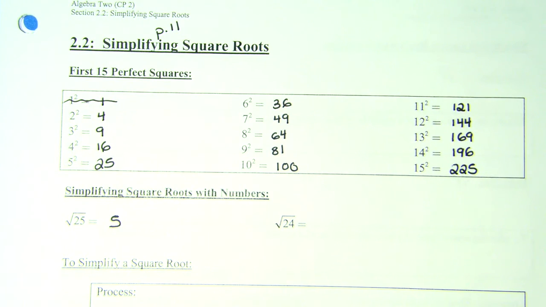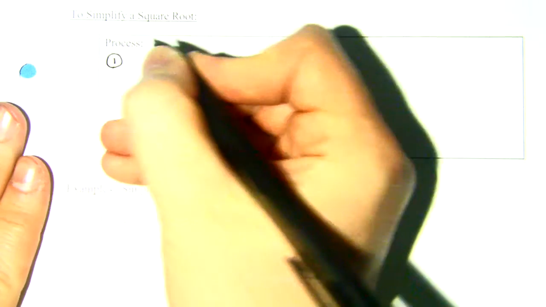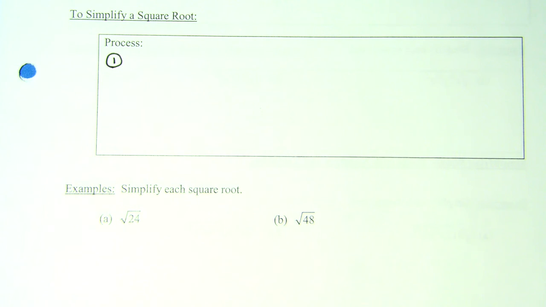Here's what we're going to do. And I'm going to fill in the process as I go to do that example. To simplify a square root, step number 1: I'm going to take the number inside my square root, and I'm going to try to write it as a perfect square times the leftovers.